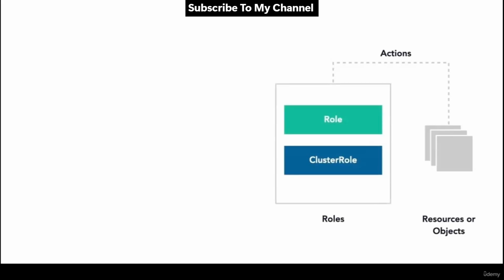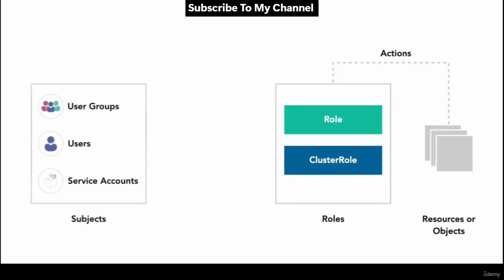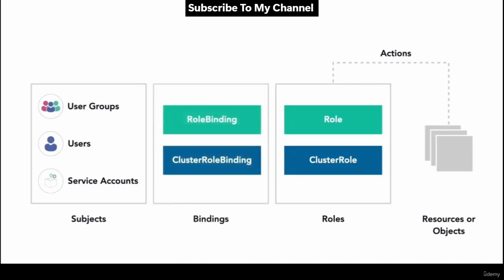Roles include a subset of actions that are permitted on a resource. The subject represents a user, a group of users, or a service account who wants to take an action. And finally, the bindings. Bindings are the links between a subject and a role.